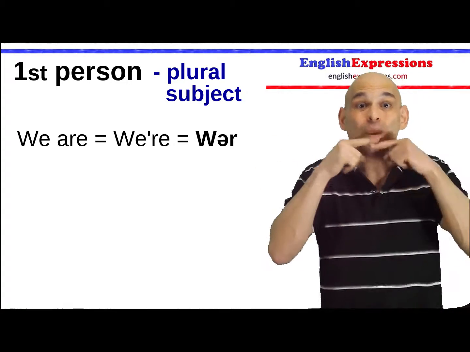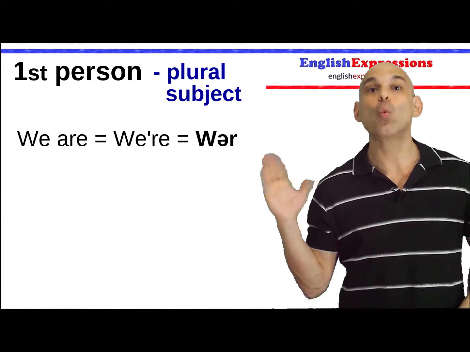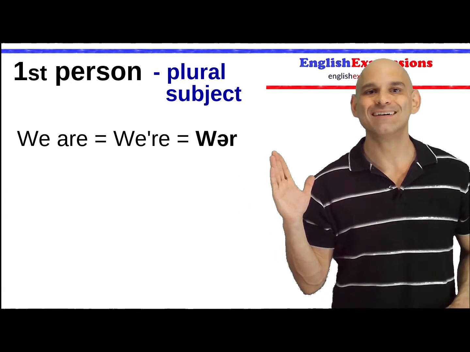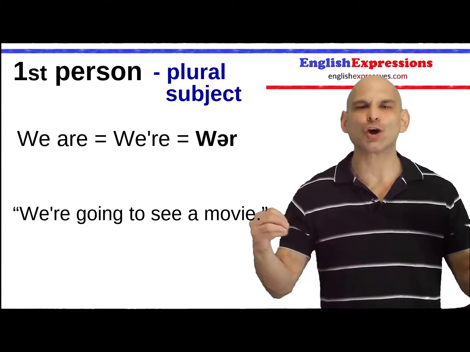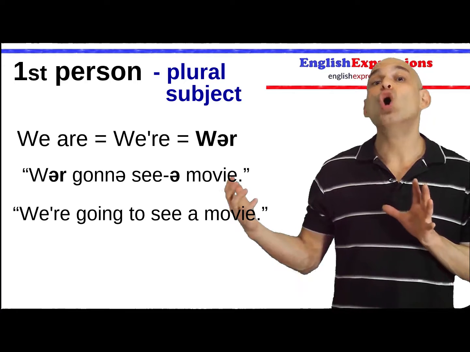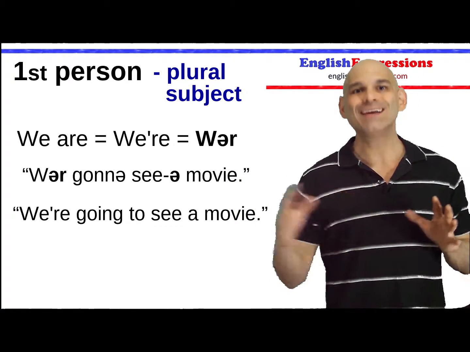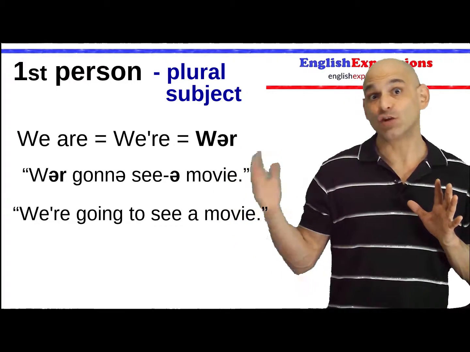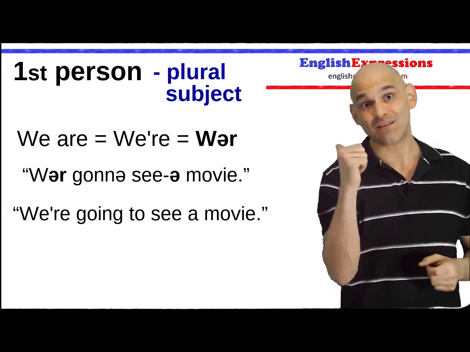But notice that's a long E, we. Native English speakers wouldn't say that. They would say we're. We're going to see a movie. Native English speakers wouldn't say we're going to. They would say, we're gonna see a movie. So notice, we're. We use schwa instead of the long E. And going to, we link and we say gonna, and schwa's at the end of that.